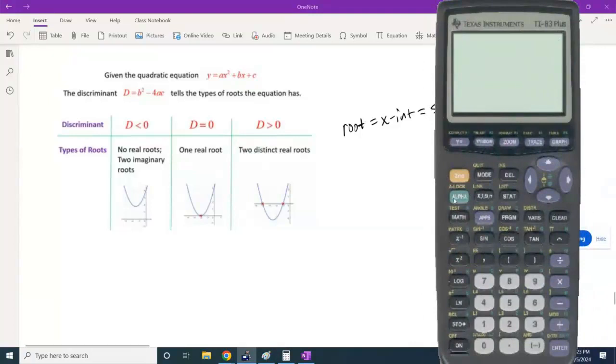So I'm just going to graph a couple of equations. So let's say I graph x squared minus 4.